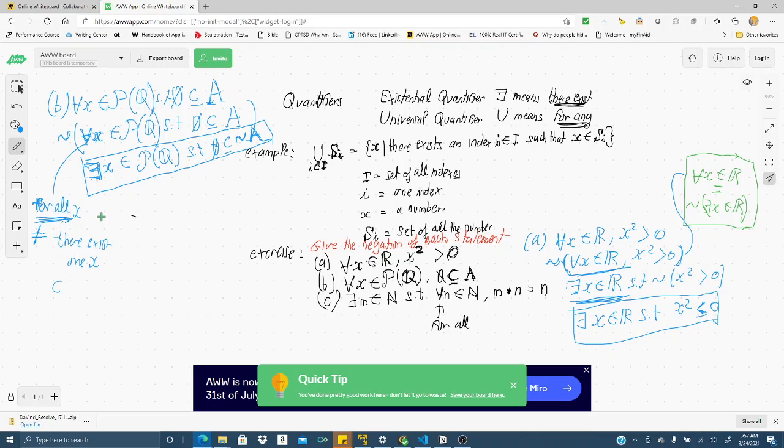So for C, there exists m in the natural numbers N such that for all n belonging to the natural numbers N, m times n equals n.